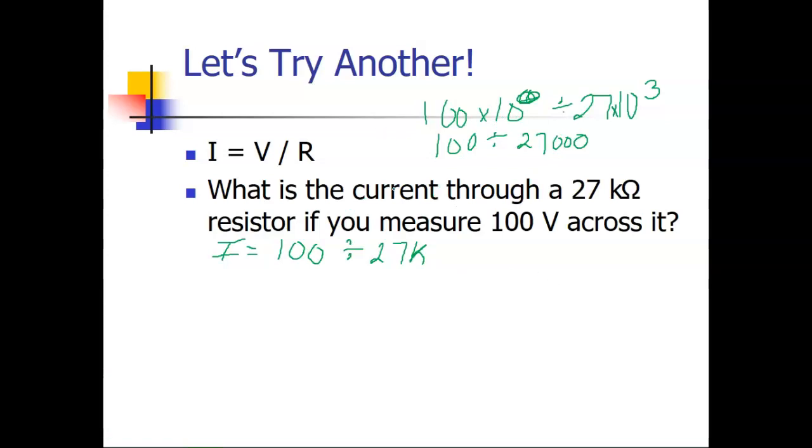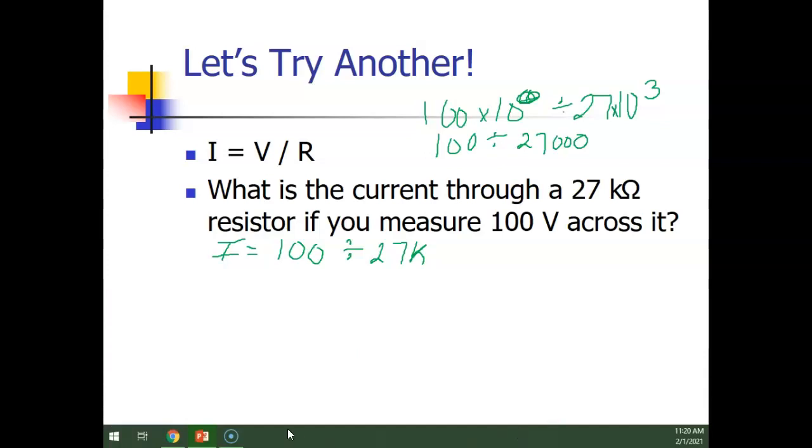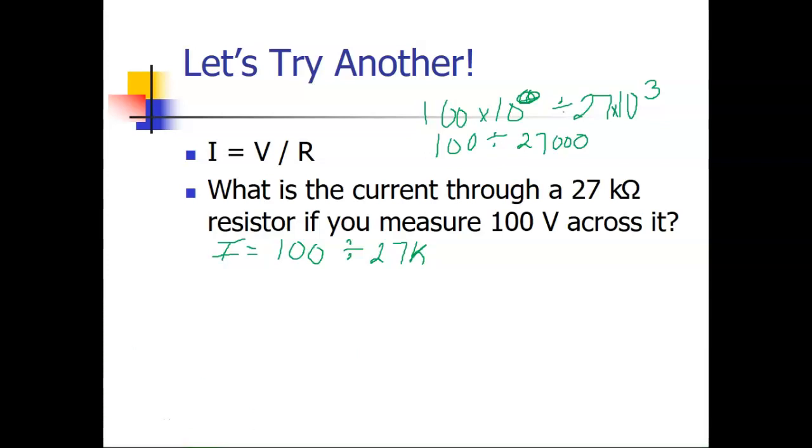So you can very well break it all down and just say 100 divided by 27,000, which would give me what? 270. I'm not so sure about that.